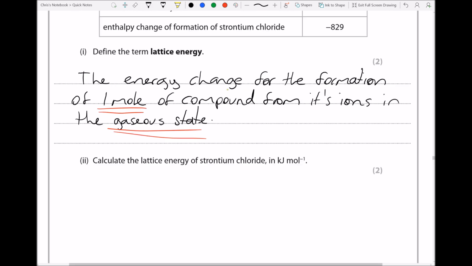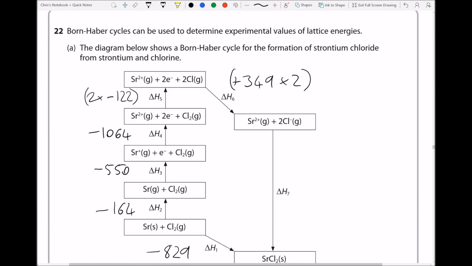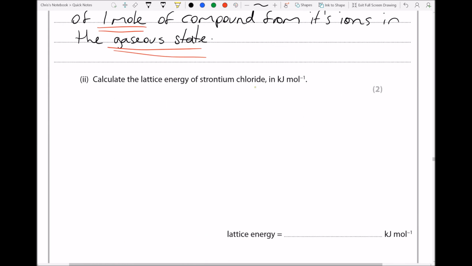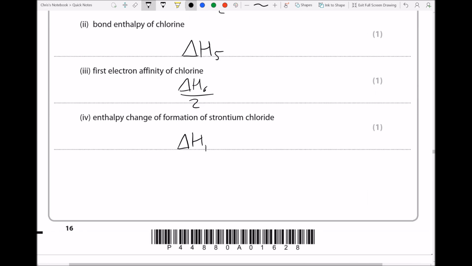Let me just double check, make sure we've got that as positive, because I think that first one was, yeah, it was positive. So that one's going to be positive. We're going to have 2 times 349. That was the first step. And we're going to minus away 2 times 122, because I think that was the negative.